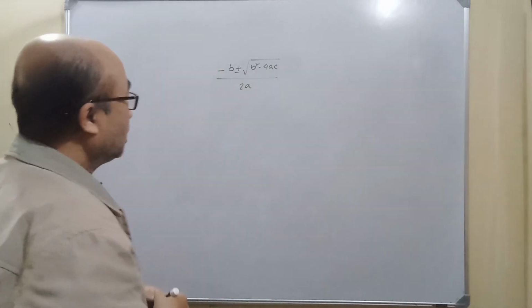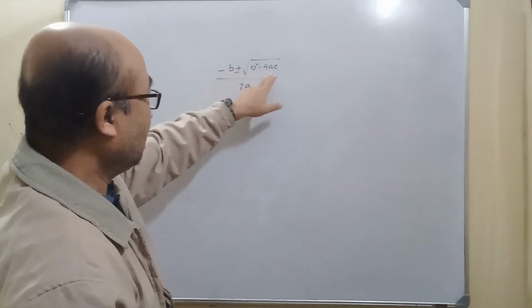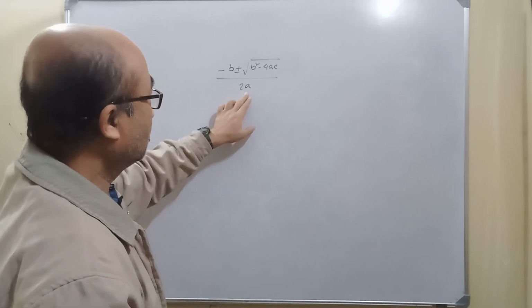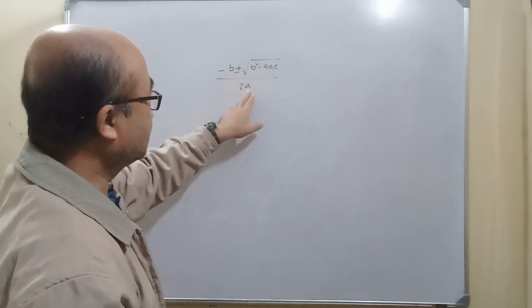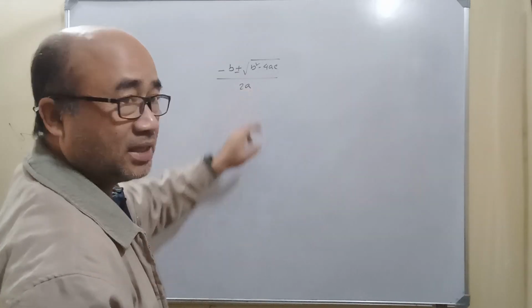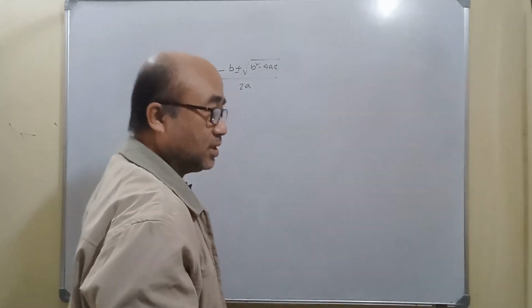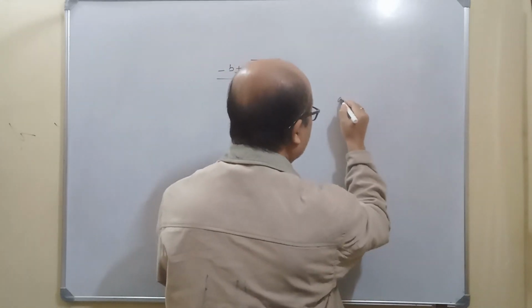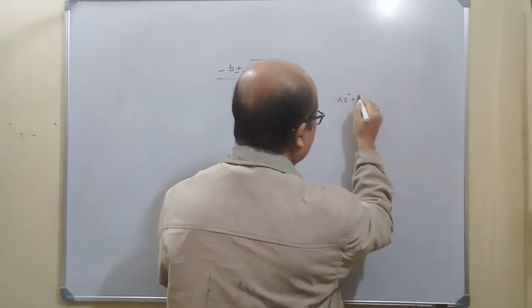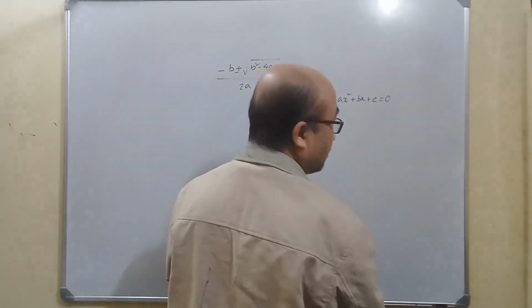So what are A, B and C? If you remember the standard form of a quadratic equation, it looks like this, right?